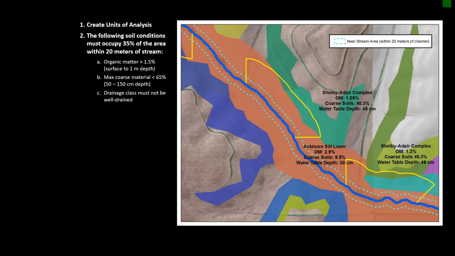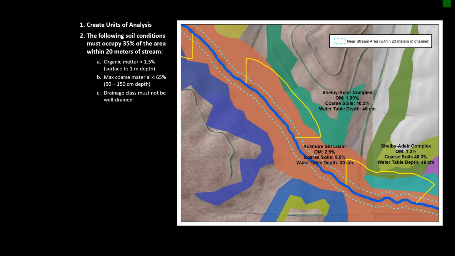The soil criteria defaults are as follows: that organic matter must make up at least 1.5%, and that is from the surface to 1 meter depth. The max coarse material must be less than 65% from 50 to 150 centimeters depth.